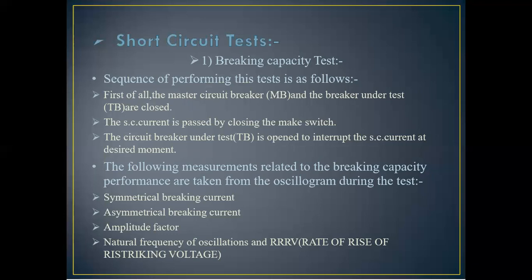The following measurements related to the breaking capacity performance are taken from the oscillogram during the test: the symmetrical breaking current, asymmetrical breaking current, amplitude factor, natural frequency of oscillations, and RRRV. The RRRV means the rate of rise of restriking voltage.